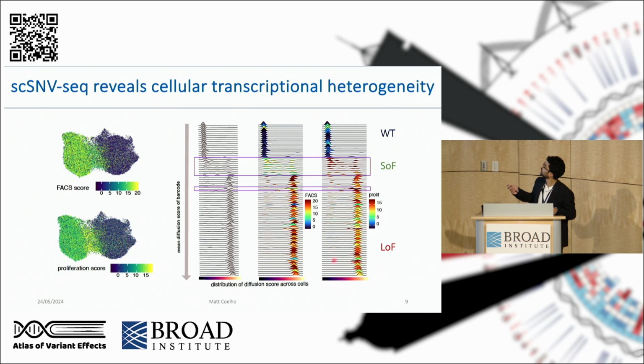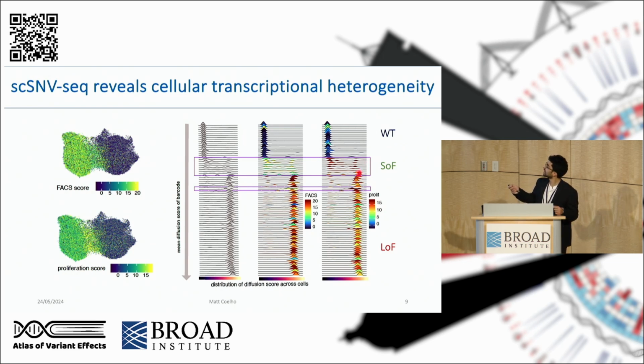Because we find each row here is a different variant, and each histogram here is a cell population and the transcriptional impact. So we can see here that the wild-type cells and the loss-of-function cells are very transcriptionally different. But here is an intermediate population of variants, which we've called here separation of function variants.